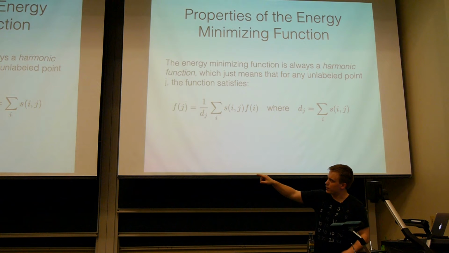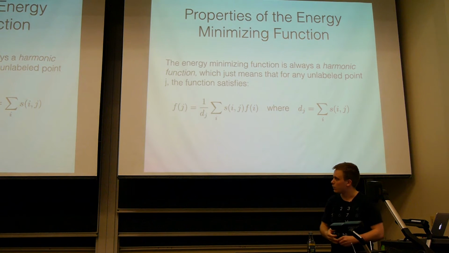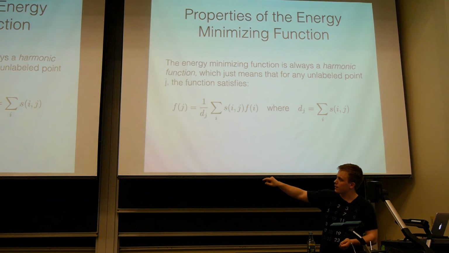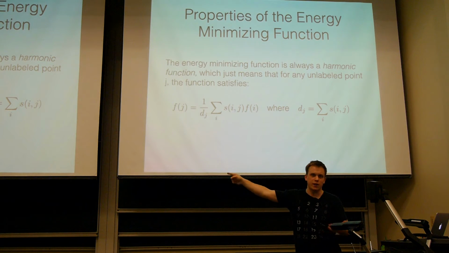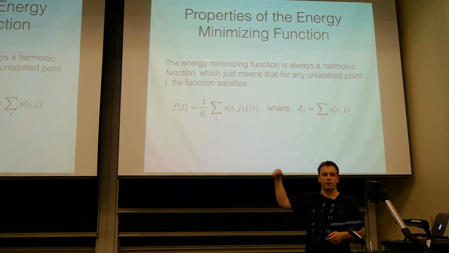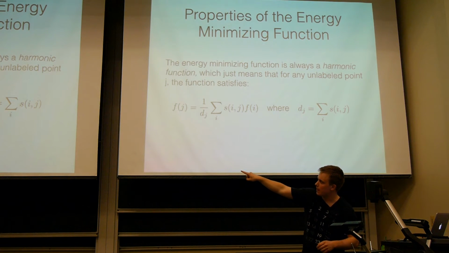But it turns out that the solution to that problem is always going to be what's called a harmonic function. What a harmonic function is, it's one that satisfies the constraints or the boundary conditions, and then for every other point, the function value at j, so suppose j is some unlabeled data point, the function value at j needs to be a weighted average of the function values at j's neighbors. And the weights are going to be the similarities.